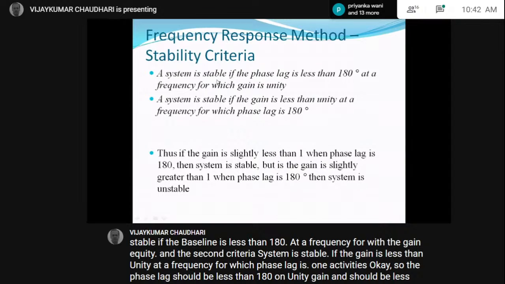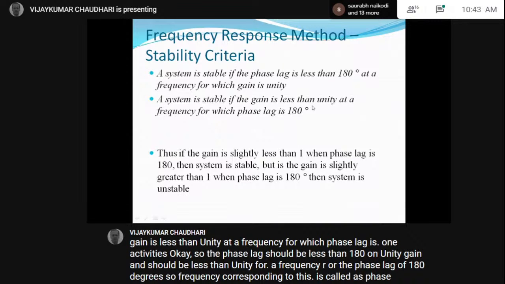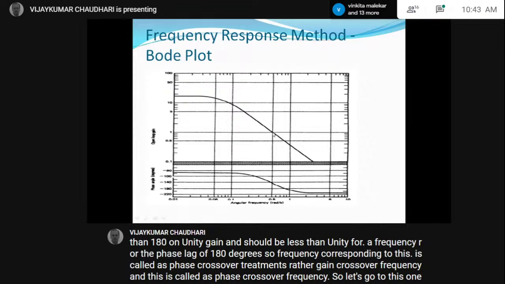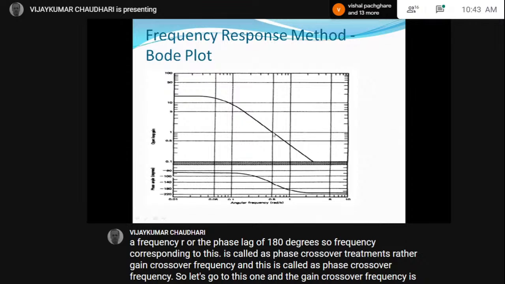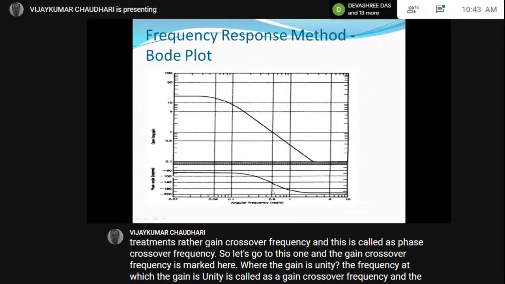The frequency corresponding to the first is called the gain crossover frequency, and this one is called the phase crossover frequency. The gain crossover frequency is marked here, where the gain is unity. The frequency at which the gain is unity is called the gain crossover frequency, and this margin is called the phase margin.